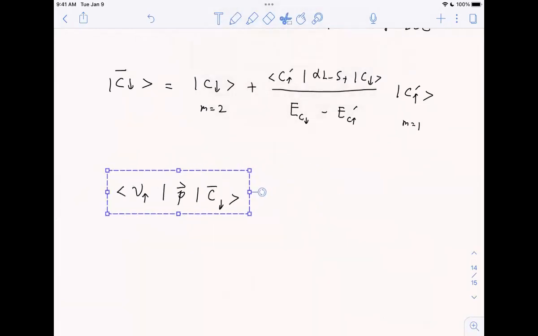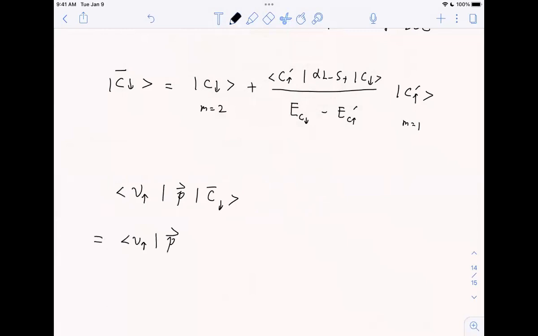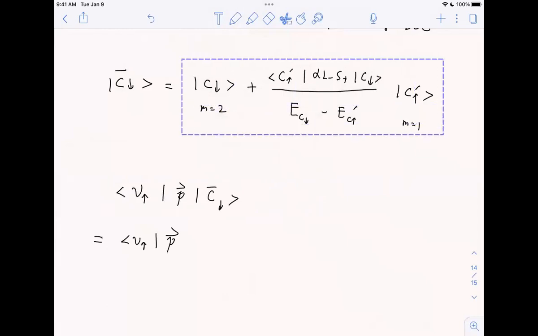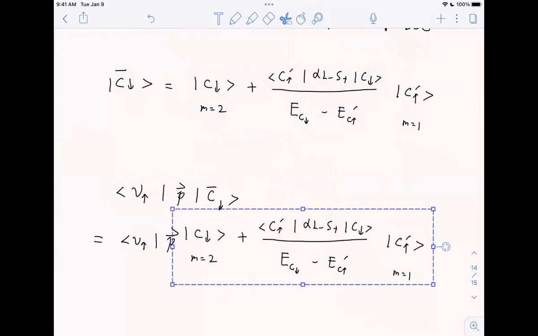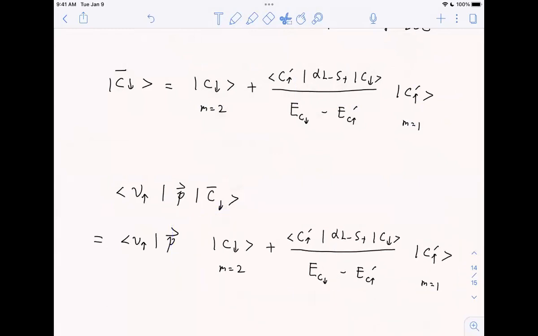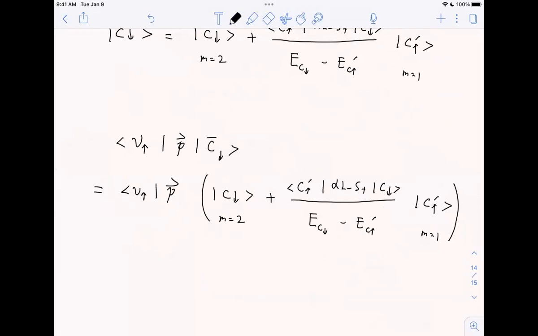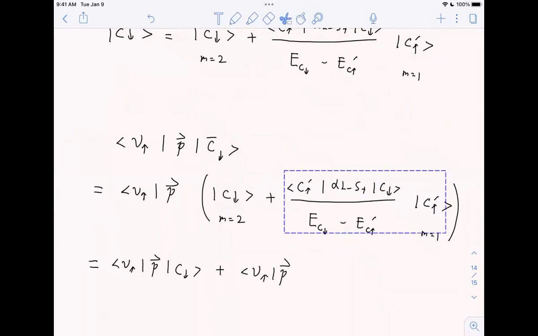So this one is what? You're going to have actually this whole thing. This whole thing is going to include here. Then you're going to separate them. And then this thing.